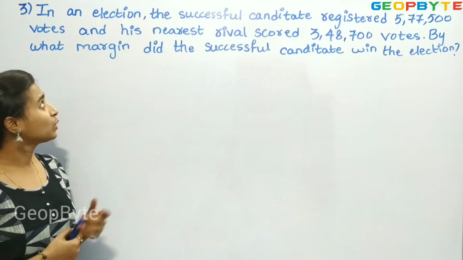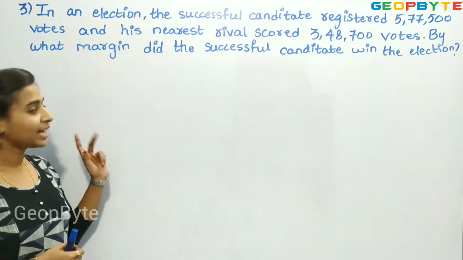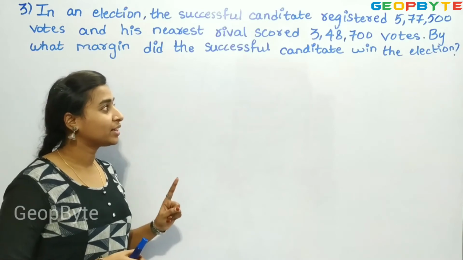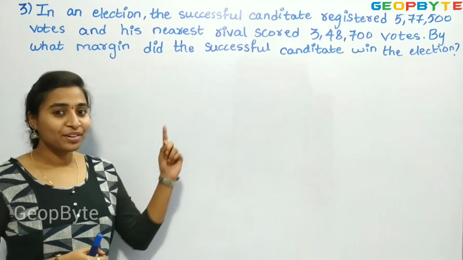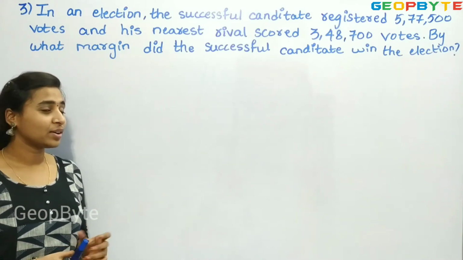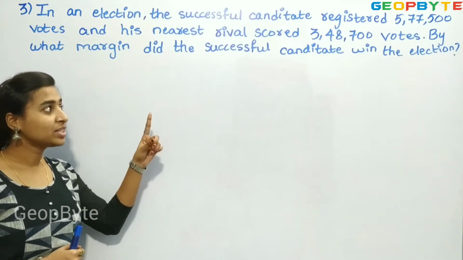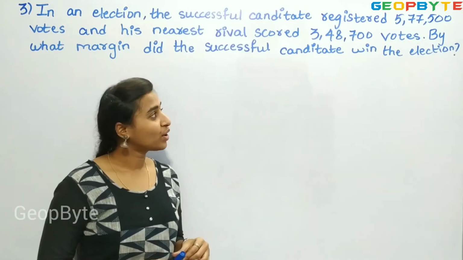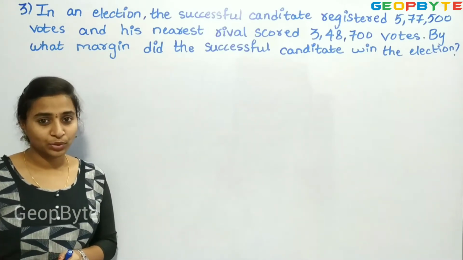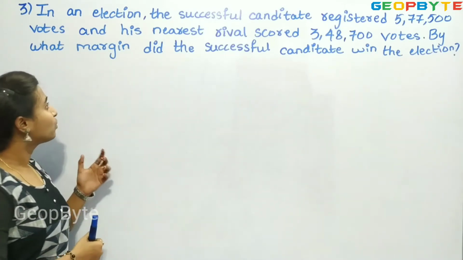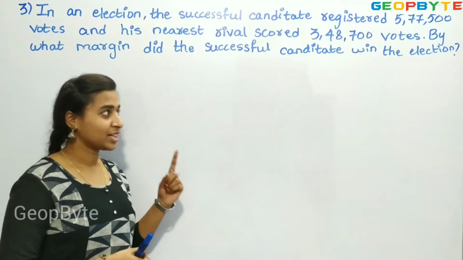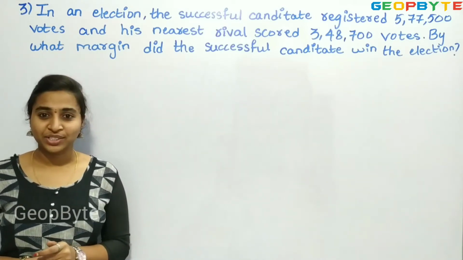Right? The given question is, in an election, the successful candidate registered total 5,77,500 votes. And his nearest rival scored 3,48,700 votes. Now, by what margin did the successful candidate win the election?